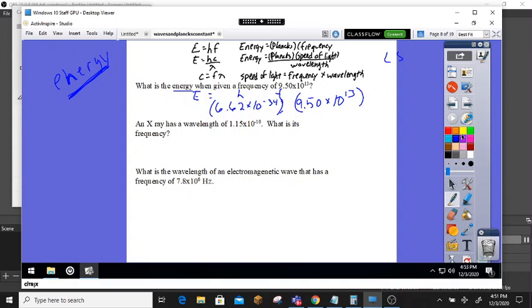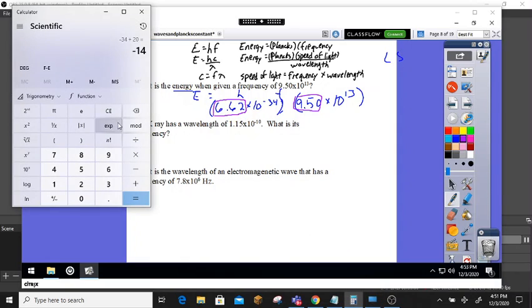And now we multiply. I'm going to multiply just those numbers: 6.62 times 9.50, and that gives me 62.89.